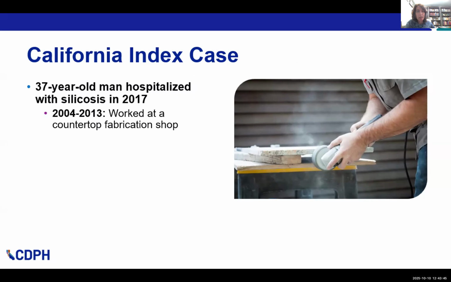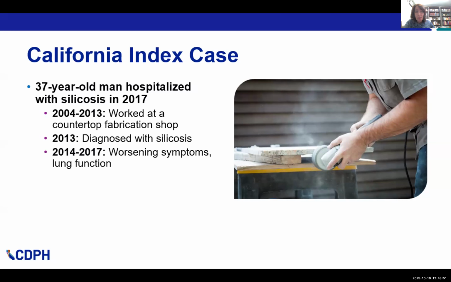He had worked at a countertop fabrication shop for almost a decade. He was diagnosed with silicosis in 2013 and then experienced worsening symptoms and lung function over the subsequent few years. And in 2018 was referred for a lung transplant, but was deemed ineligible and died later that year at the age of 38 of silicosis.